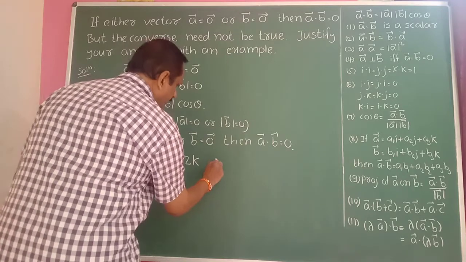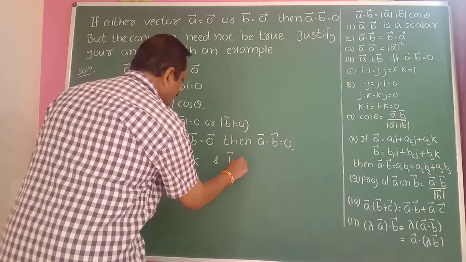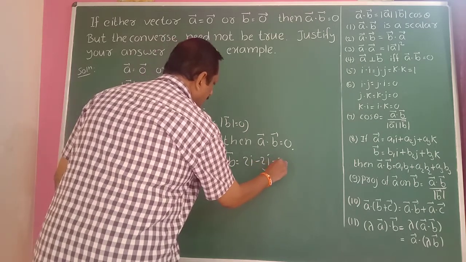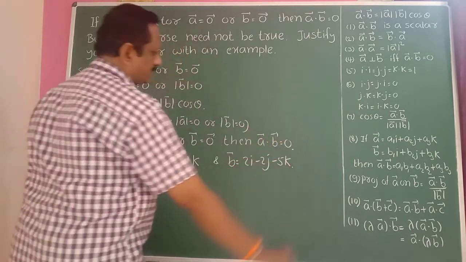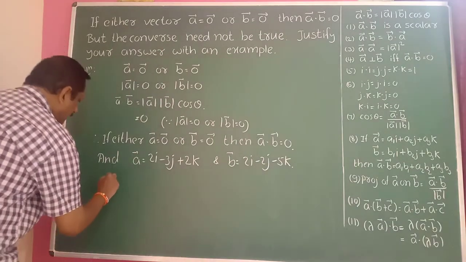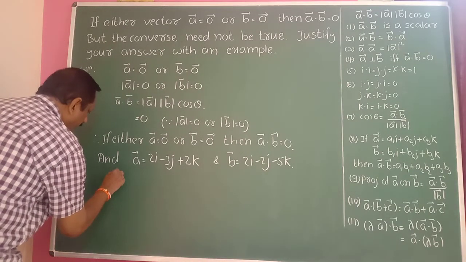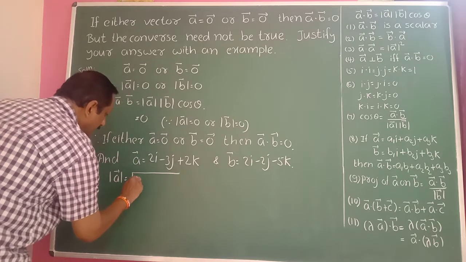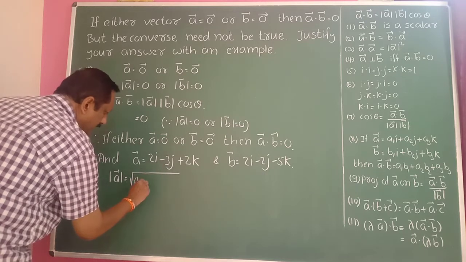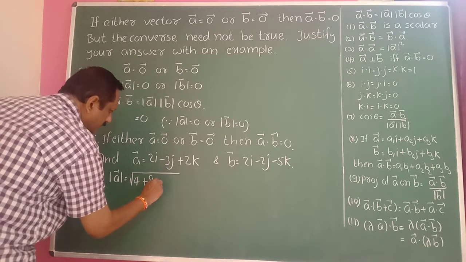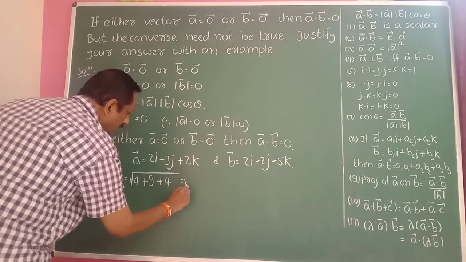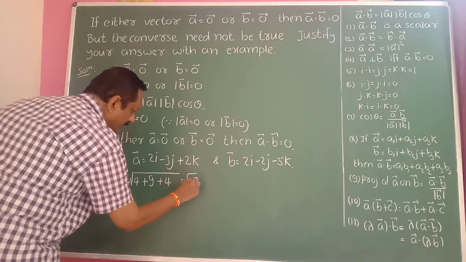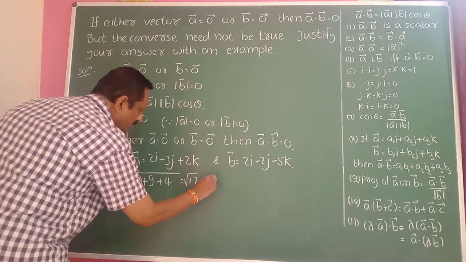And b bar equal to 2i minus 2j minus 5k. Now just find the modulus. The modulus of a bar is the root of 2 square, 4, then 3 square, 9, and 2 square, 4. Root of 4 plus 4, 8, plus 9, 17. So this is not equal to 0.